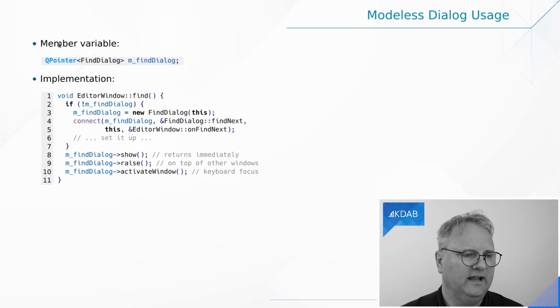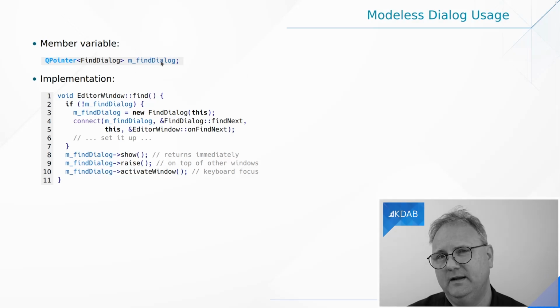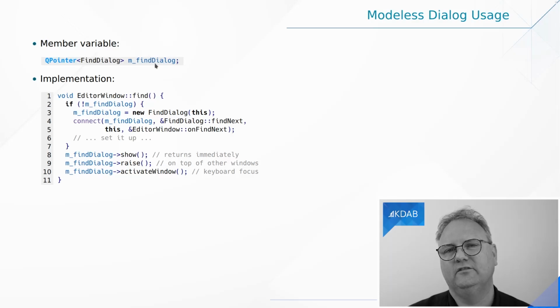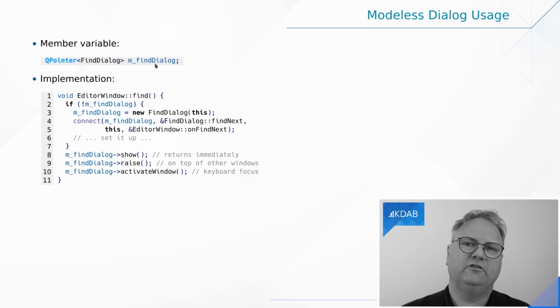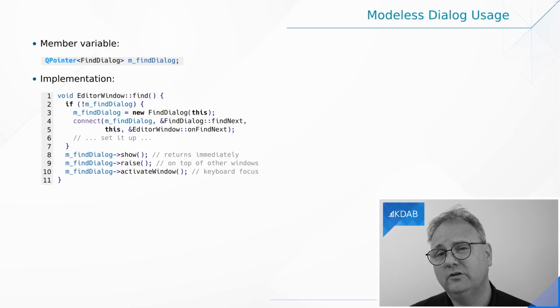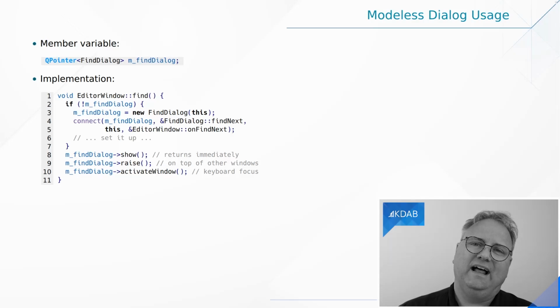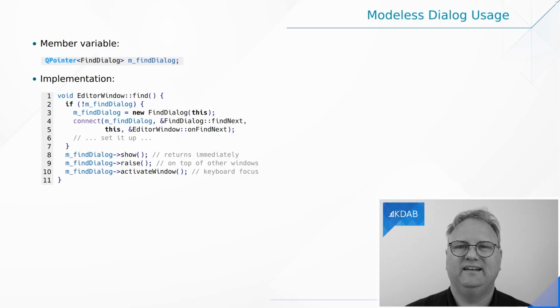So first of all, in my header file, I'll create an instance of this dialog here. And this is just a best practice to make sure that I do not need to create the dialog in my constructor. If I did, it would just be wasted CPU in case the user never brought up the find dialog, but that I do not recreate it every single time I get into the find setup again.